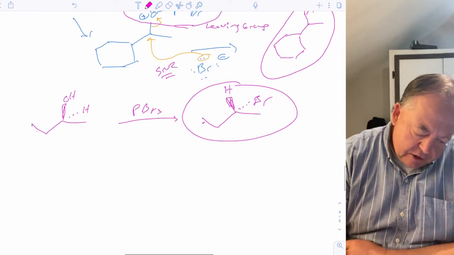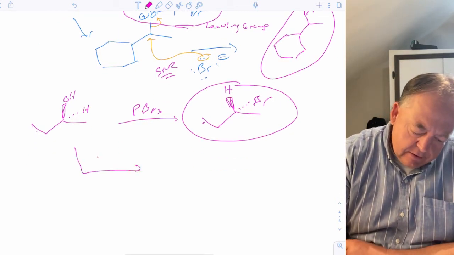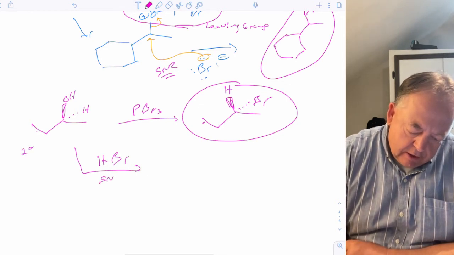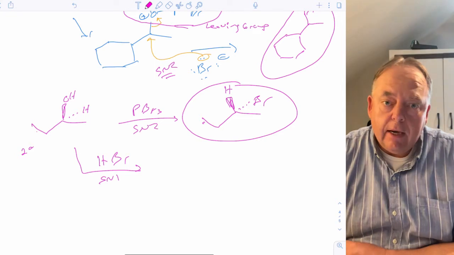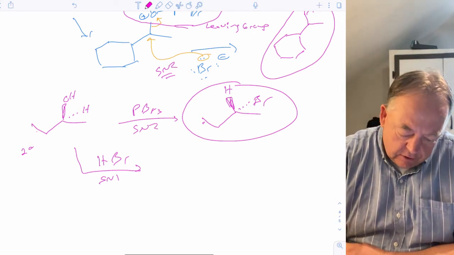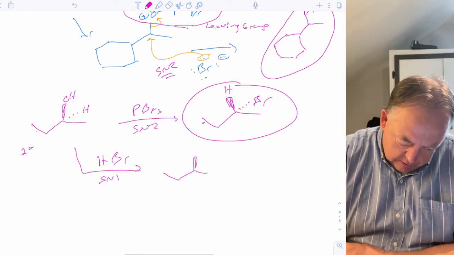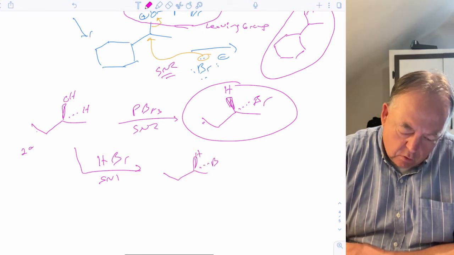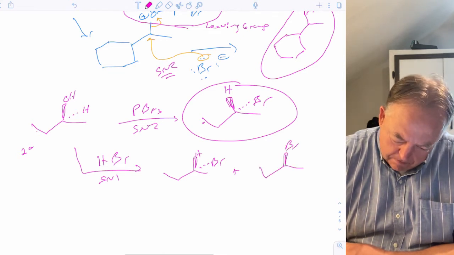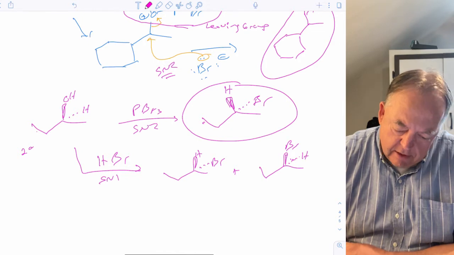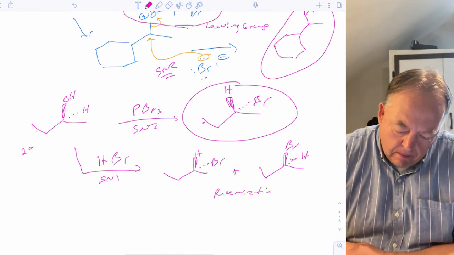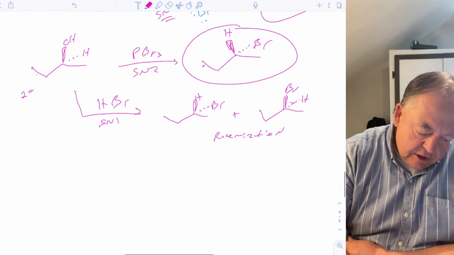So what if you did this reaction with HBr instead? Well, since this is secondary, this would be an SN1 mechanism and this is an SN2 mechanism. And if you remember what happens in an SN1 mechanism at a chiral center, this would be something that we covered in Organic 1, then you would get racemization. Why do you get racemization?